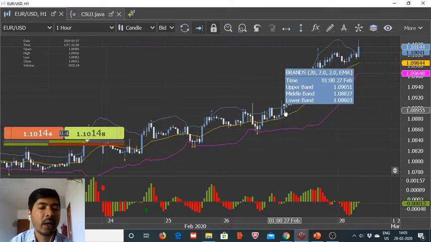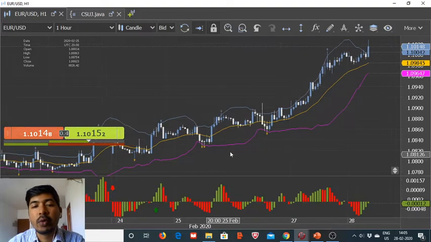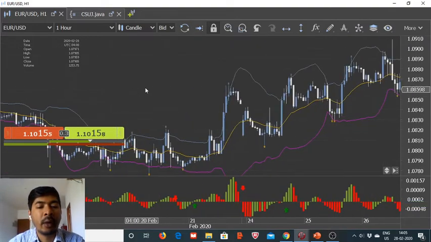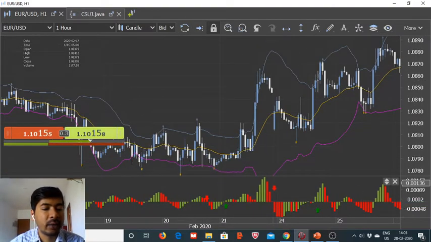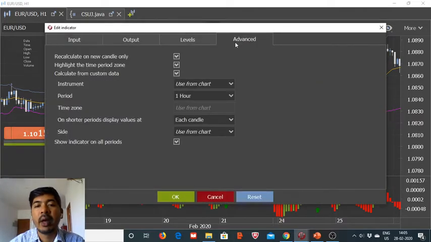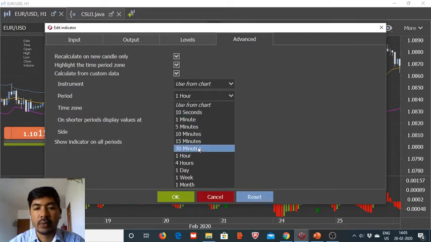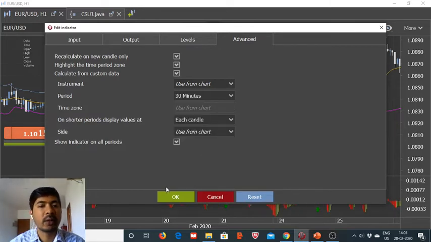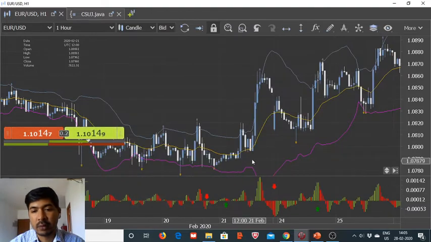So I think what we can do is it's better if we utilize the AC2 in the half hour time frame, and then use the 20 EMA Bollinger Bands. Just from the chart, see here, I will show you the 30 minutes and use it from the chart side channel. Okay, so here we are.